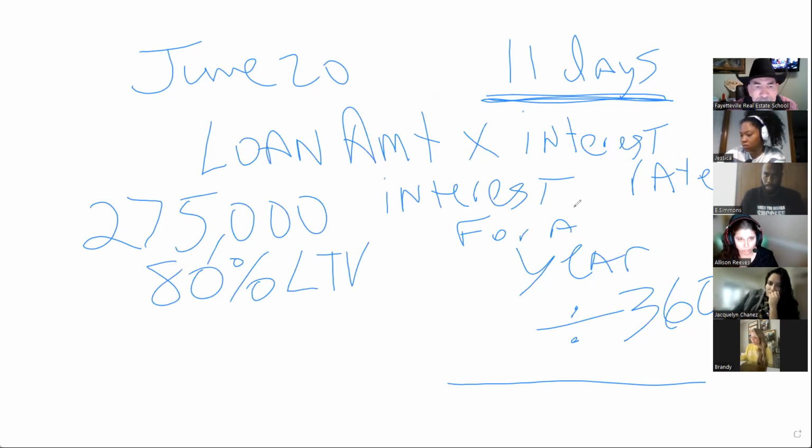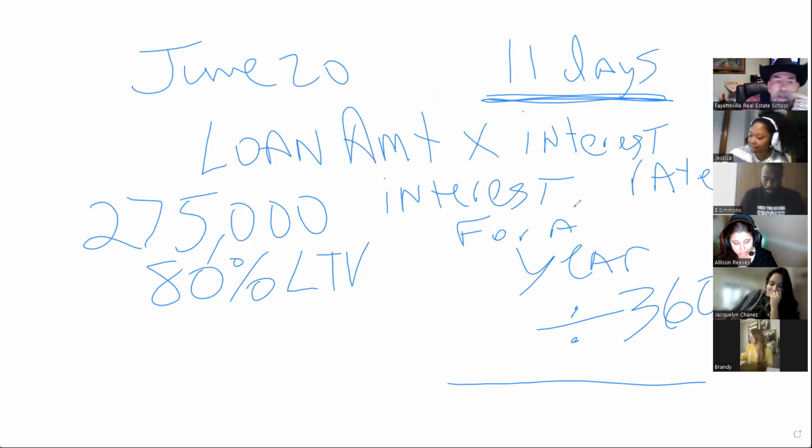Jessica, I now need to calculate the loan amount. If the purchase price is 275 and it's an 80% loan to value, how do I get the loan amount? 275 times 80%. That is correct.